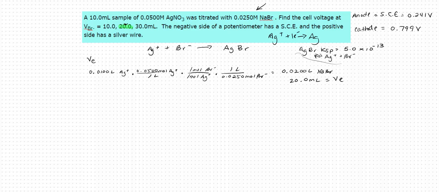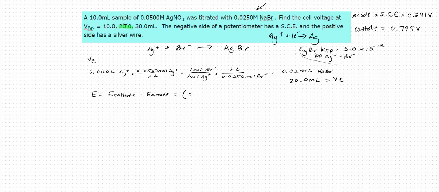Now this is all great, but what do we need in order to find that cell voltage? Well, we're going to use our Nernst equation. So we're going to take E of the cathode and we're going to subtract the E of the anode. Now the E of the anode is standard. It's a saturated calomel electrode, so we don't have to worry about that. But the E of the cathode is what's going to vary, and it's going to vary based on the concentration of the silver.